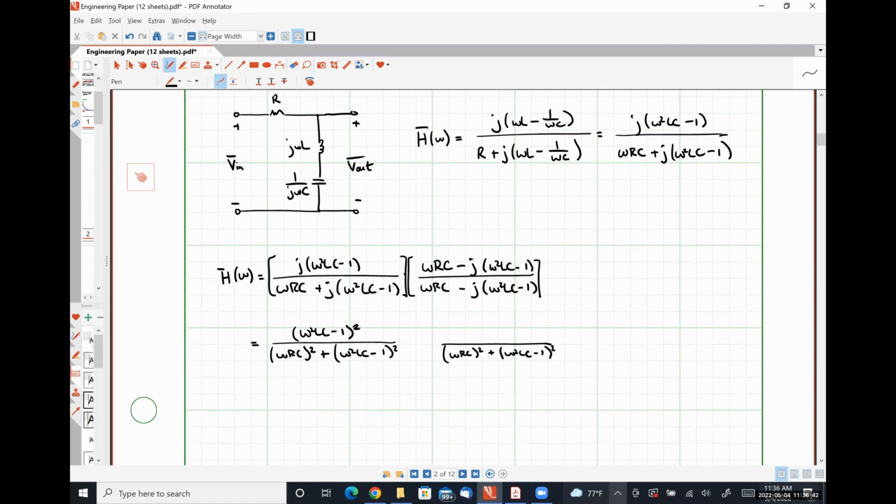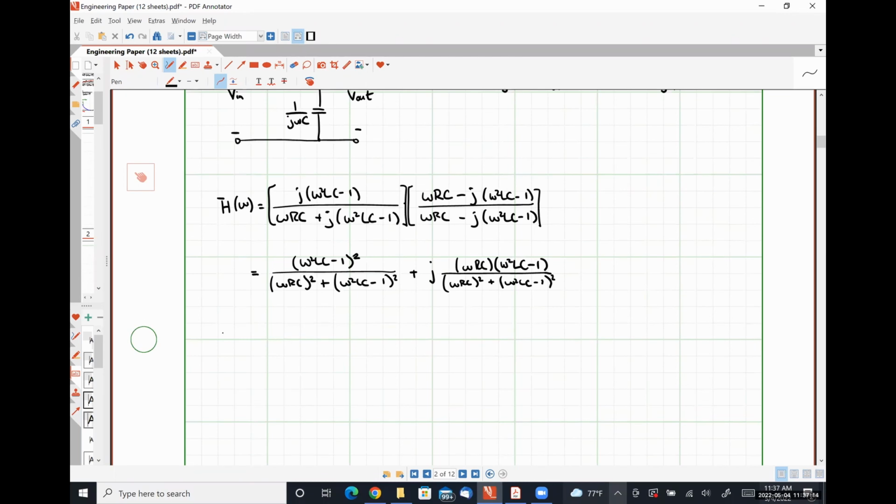And in the imaginary part, we have j omega RC times omega squared LC minus 1, and we have a plus sign. Algebra checks out. All right. So from here, we obviously can determine our magnitude and phase response.